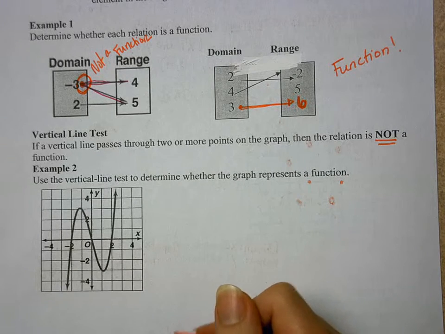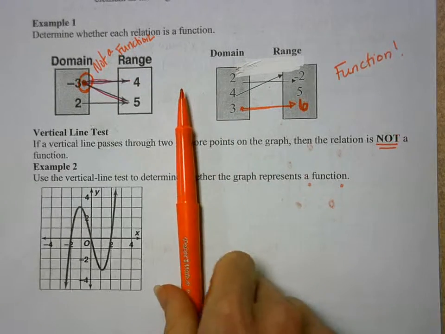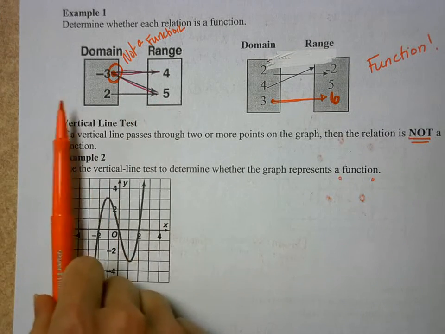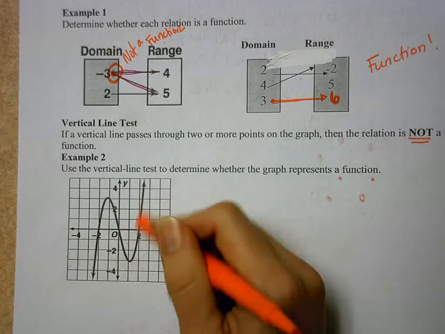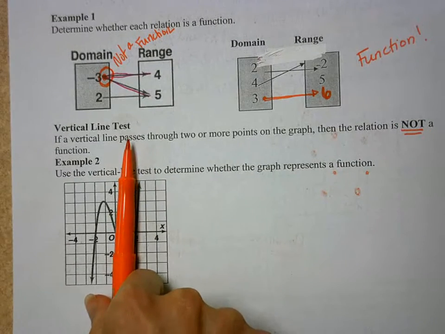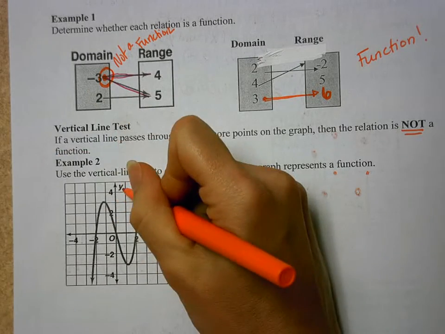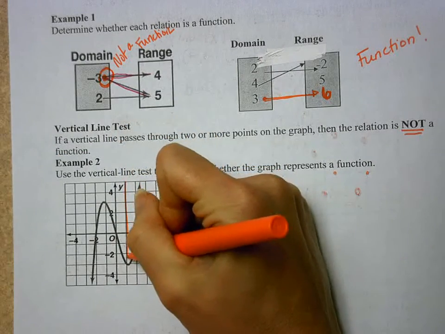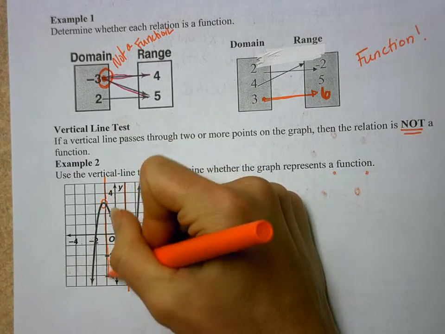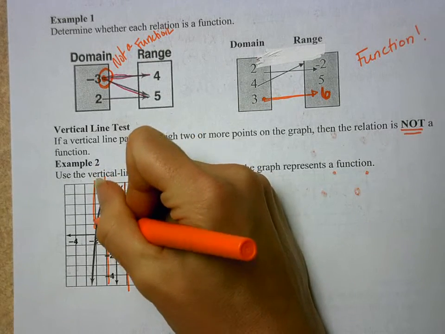So what you're going to do is you're going to take a vertical line, which is up and down. You're going to place it kind of like a laser all the way across the function, which is the shaded part, and see, does that vertical line cross the function more than once? You could even draw it if you want. If I try to draw a vertical line here, it only crosses it once. If I draw it here, it only crosses it once. If I draw it here, it only crosses it once.